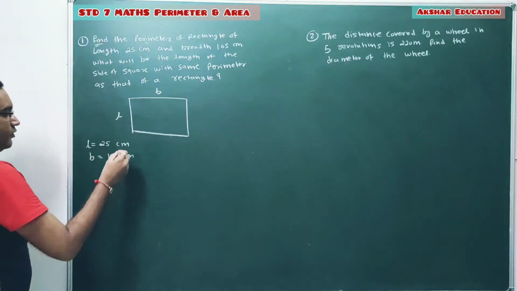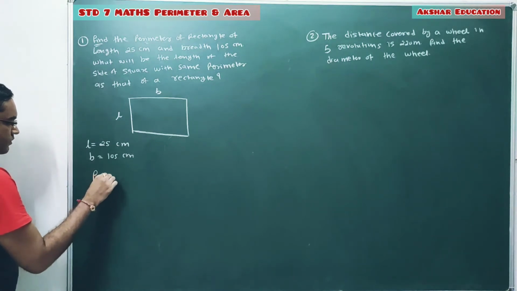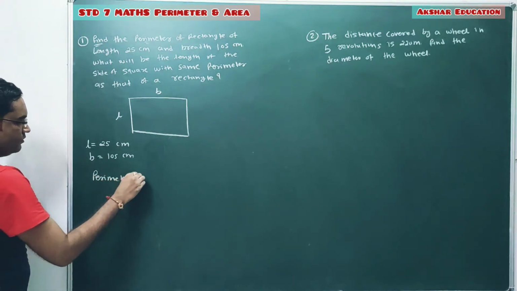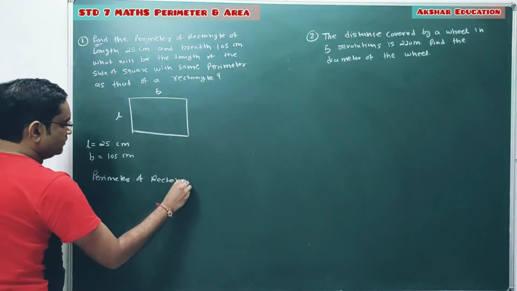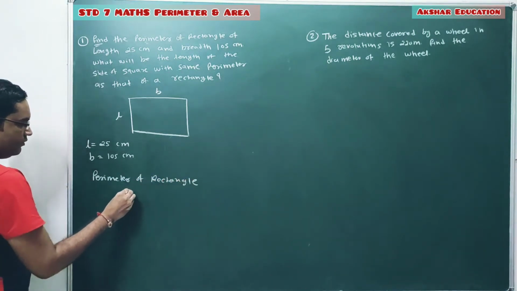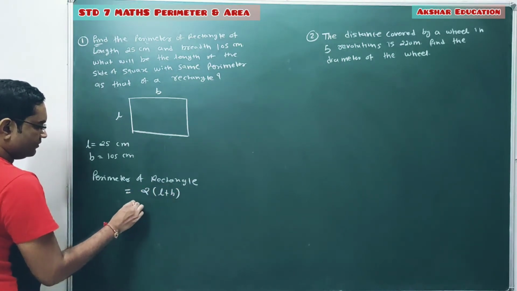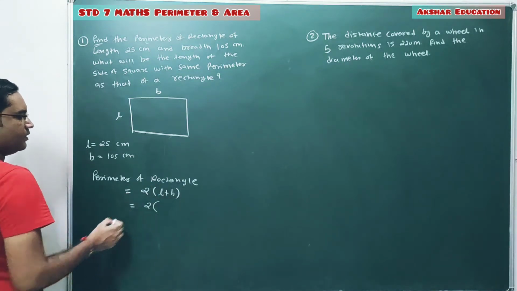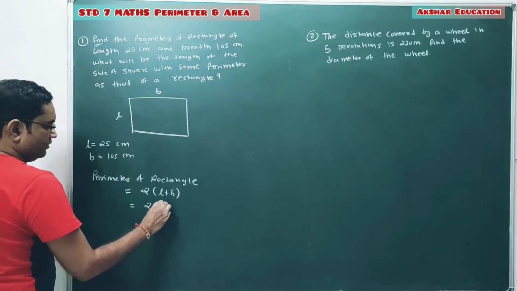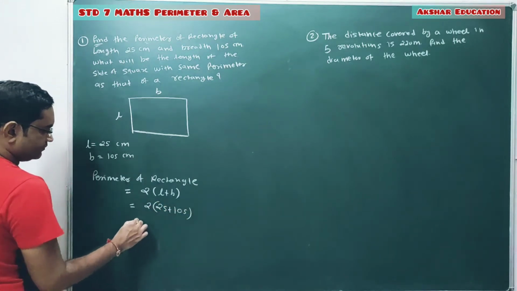सो फर्स्ट यू हैव टू फाइंड द पेरीमीटर ऑफ रेक्टेंगल। सो पेरीमीटर ऑफ रेक्टेंगल इज इक्वल टू फॉर्मूला ट्वाइस ऑफ एल प्लस बी, लेंथ प्लस ब्रेथ। Length is 25, breadth is 105.